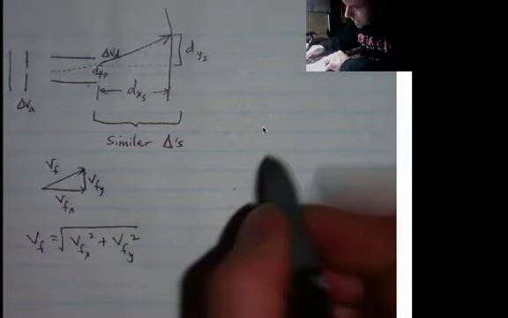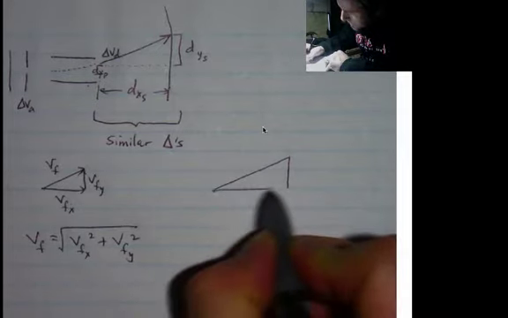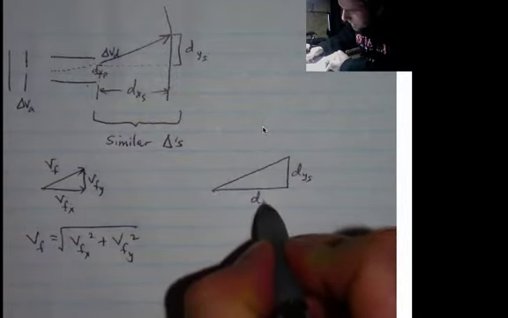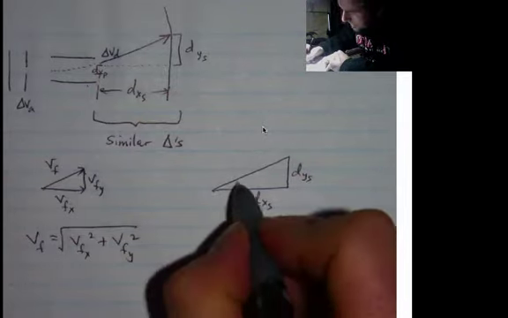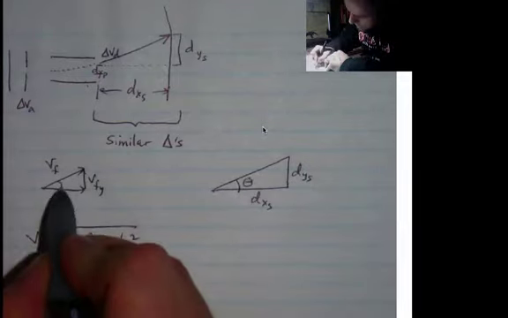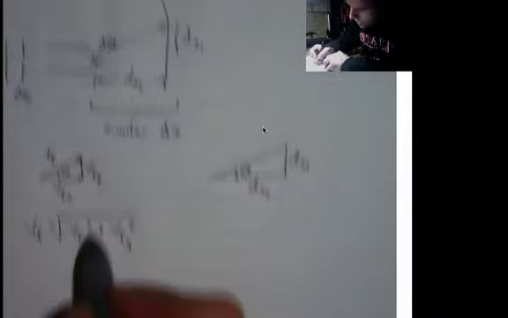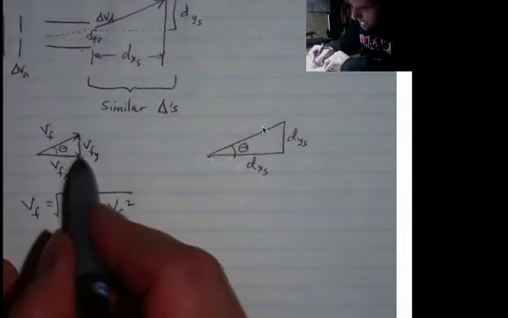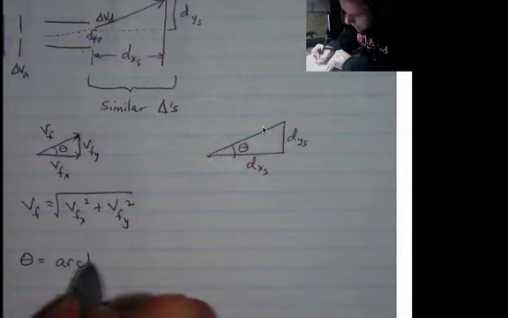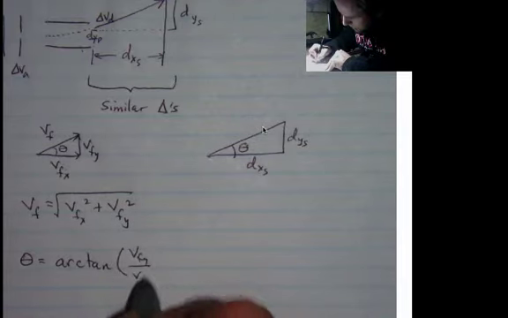Now the second triangle we have is the distance triangle, where we have dys here, we have dxs there, and we have an angle in here, theta. This angle theta is the same as that angle there. So we could recall from our earlier kinematics that that angle, theta, is equal to the arctangent of Vfy over Vfx.